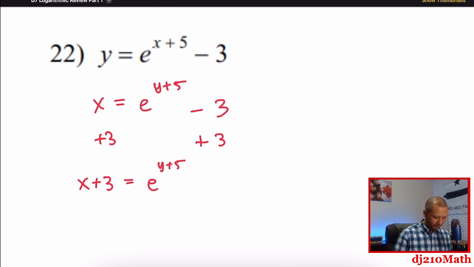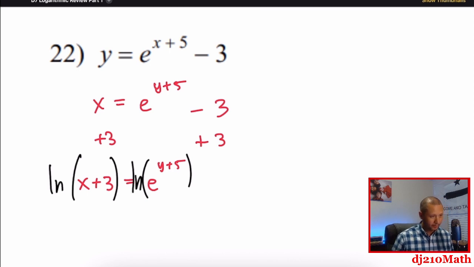So I'm going to apply the natural log to both sides. So on the left-hand side, natural log of x plus 3. And on the right-hand side, anytime ln and e match up, right?